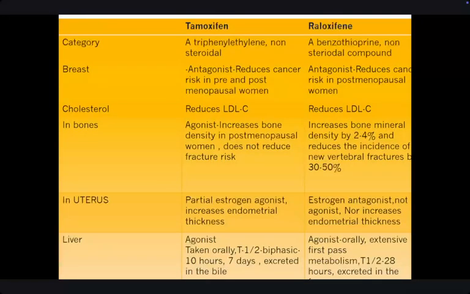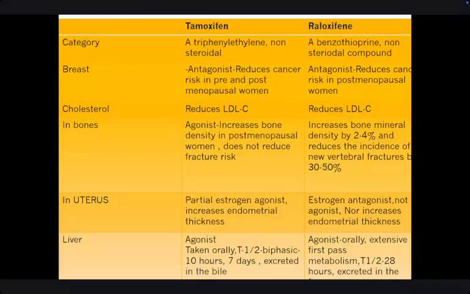So this is just a summary of what we've discussed between tamoxifen and raloxifene. On the breast, tamoxifen is an antagonist and reduces cancer risk in pre- and postmenopausal women. Raloxifene is also an antagonist in the breast and reduces cancer risk in postmenopausal women specifically.